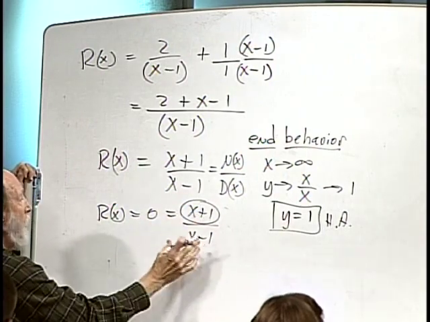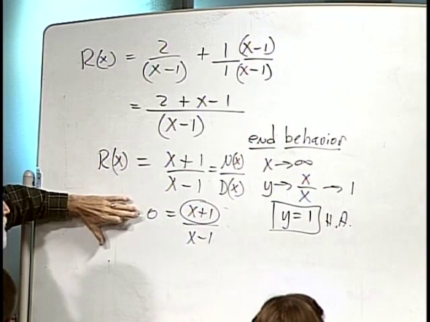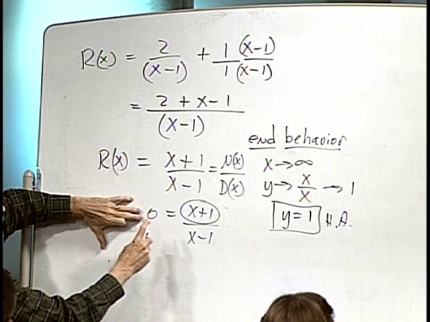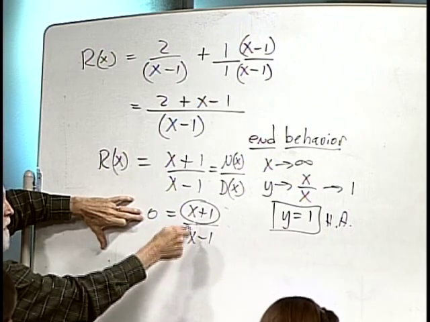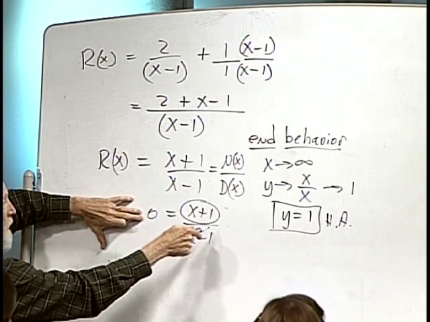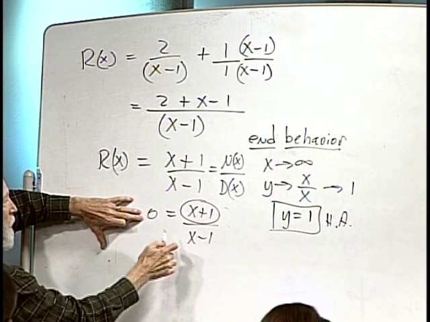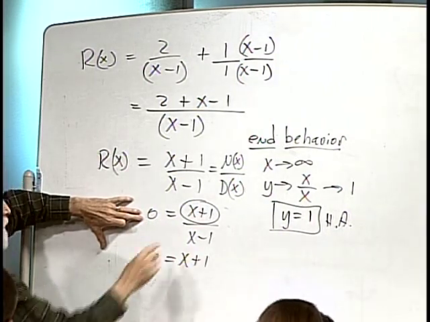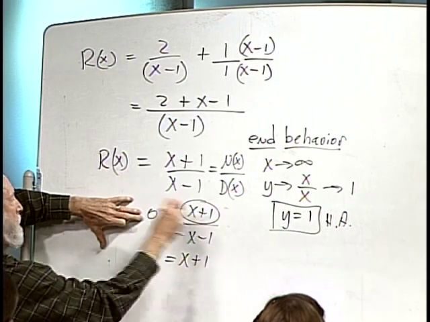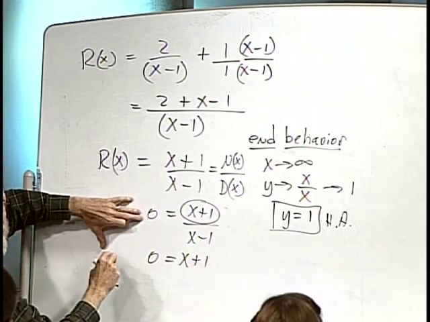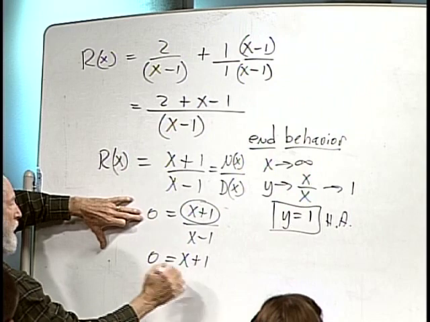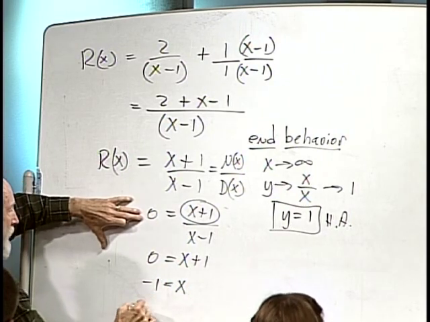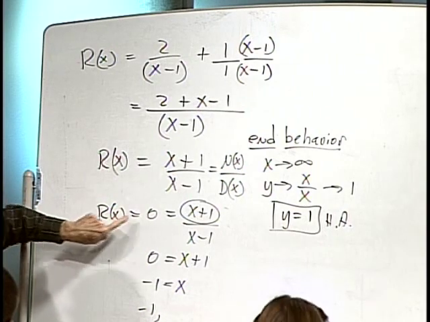Okay. Or you can just look at this problem now. Look at this problem. 0 equals this fraction. Multiply both sides by x minus 1, and you lose the x minus 1. Right? If you multiply both sides by x minus 1, it disappears. And you end up with x plus 1 equals 0, x equals negative 1. Negative 1 if y is 0.